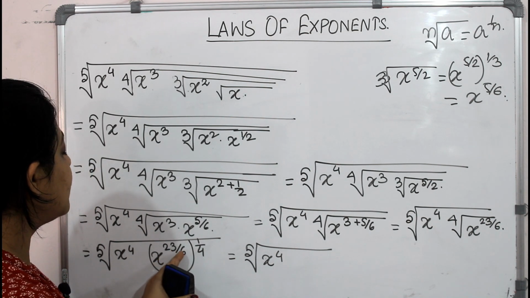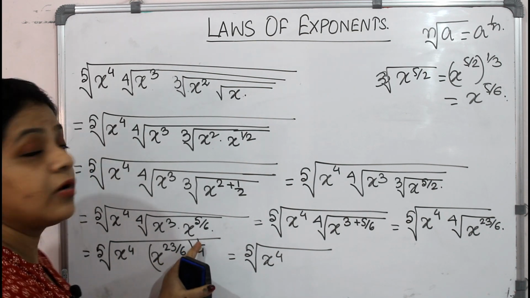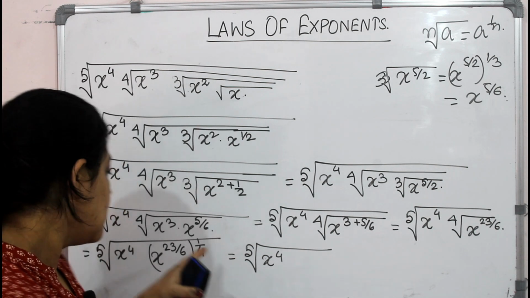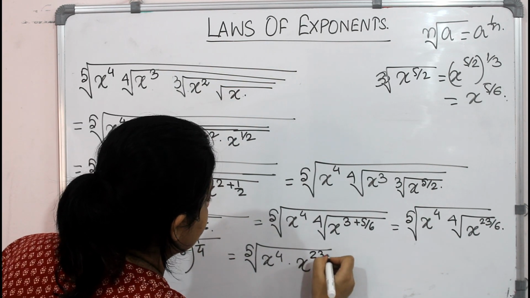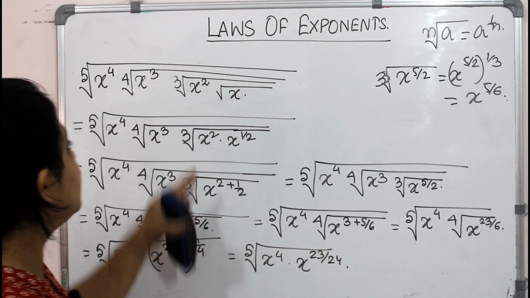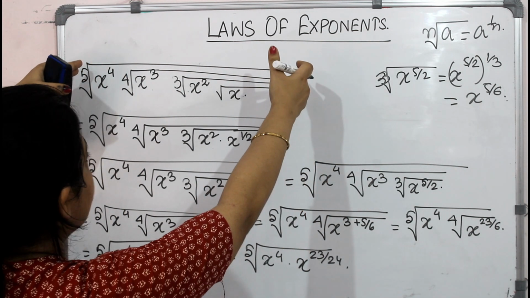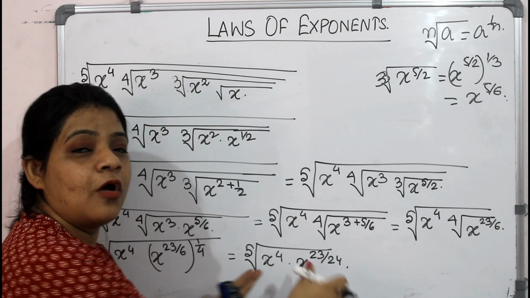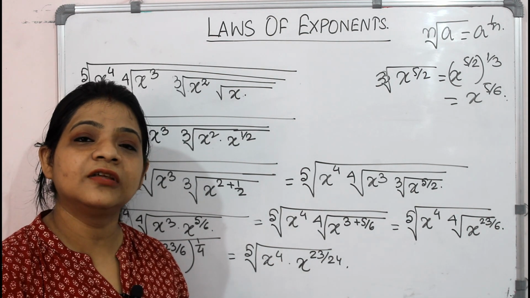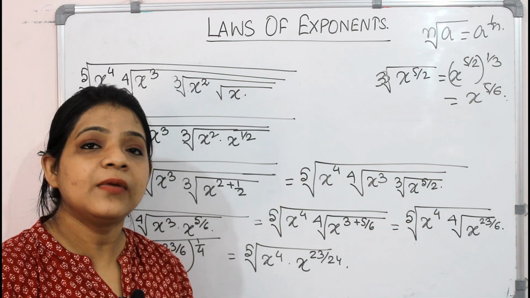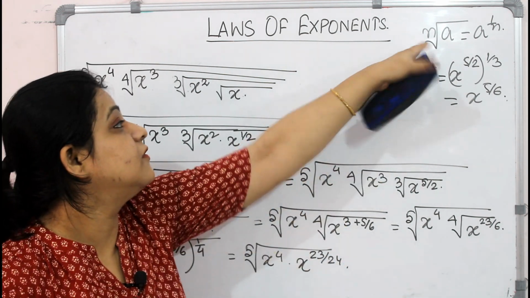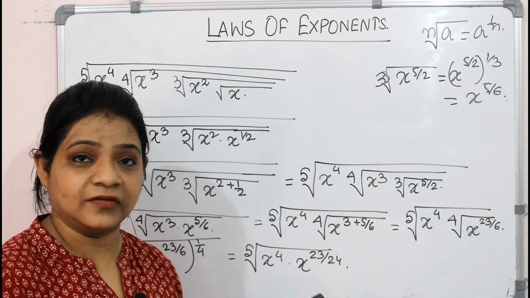So x to the power of 23 by 6 into 1 by 4, you will just multiply the powers. So here you will get x to the power of 23 by 24. So see, so many terms we have simplified to only 2 terms. The rest of the sum is easy. You will just use the formula a to the power of m into a to the power of n and this formula, and you will get the final answer.